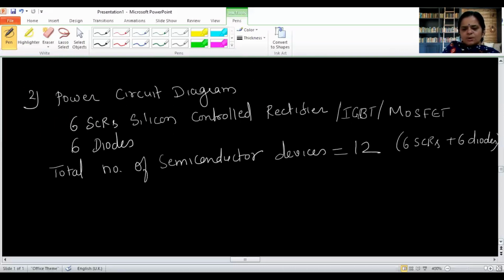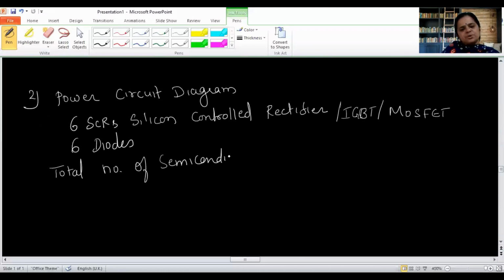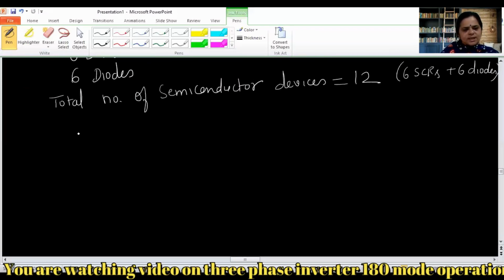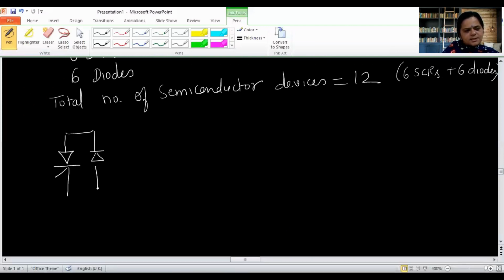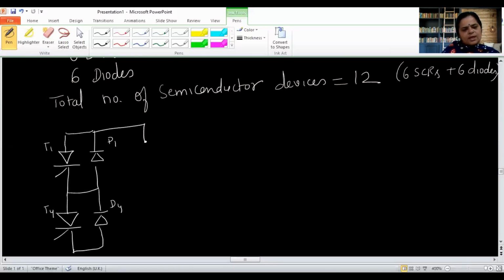Now let us draw the power circuit diagram. When we draw the power circuit diagram, it will be like this. This is the symbol for SCR and this is diode. In one leg there will be 2 SCRs. So this is T1, this is D1, this is T4, this is D4. Then there will be another leg of SCRs.